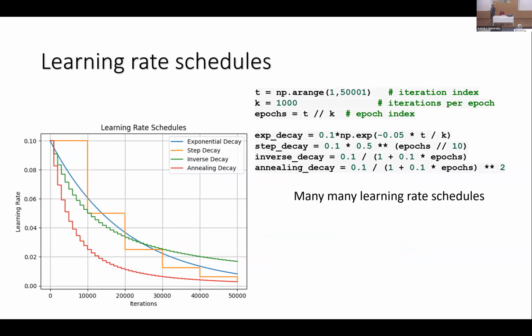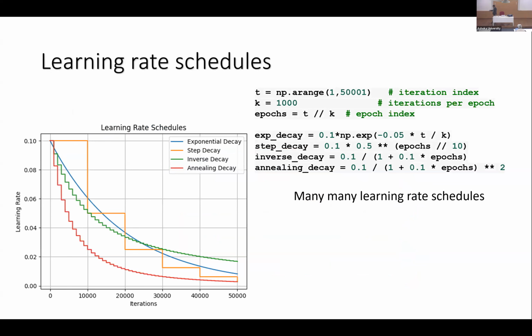Then another point is the learning rate schedule. We saw a preview of that: the learning rate star equal to 0.9, where the learning rate was decreasing by 0.9. But there are all sorts of different learning rate schedules used in practice.